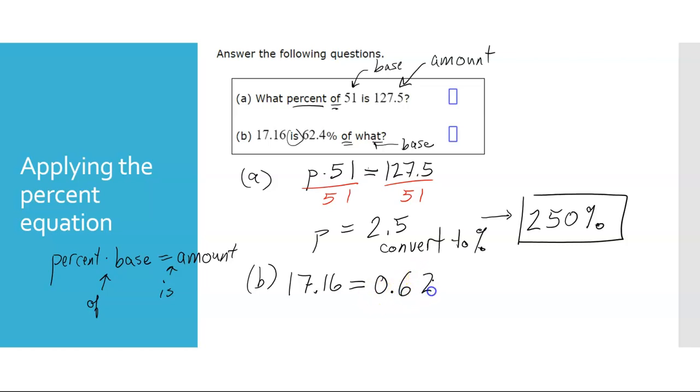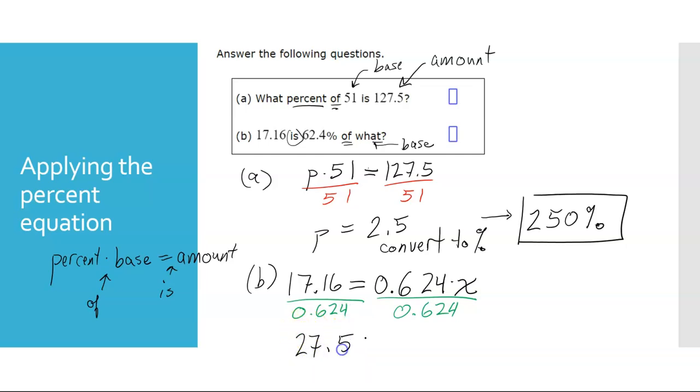So 0.624, I move the decimal over 2 places, and then times X, or B for base, whatever you like. Again, since 0.624 is multiplied in, I will divide it out.